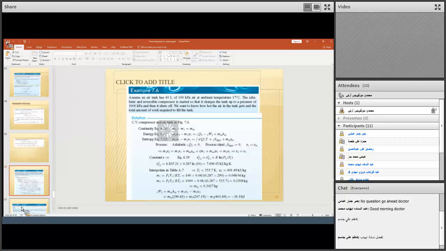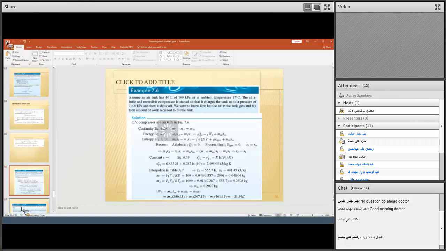So if we want to solve the problem, we have several things. First, the continuity equation: M2 minus M1 equals M in, which means that the variation of mass of the tank depends on the mass of the inlet from the compressor.